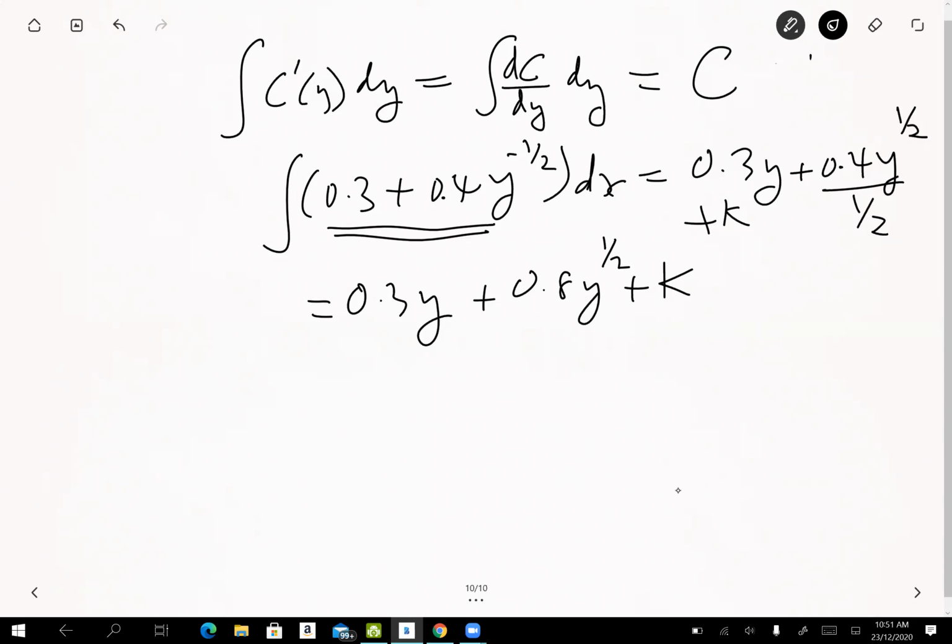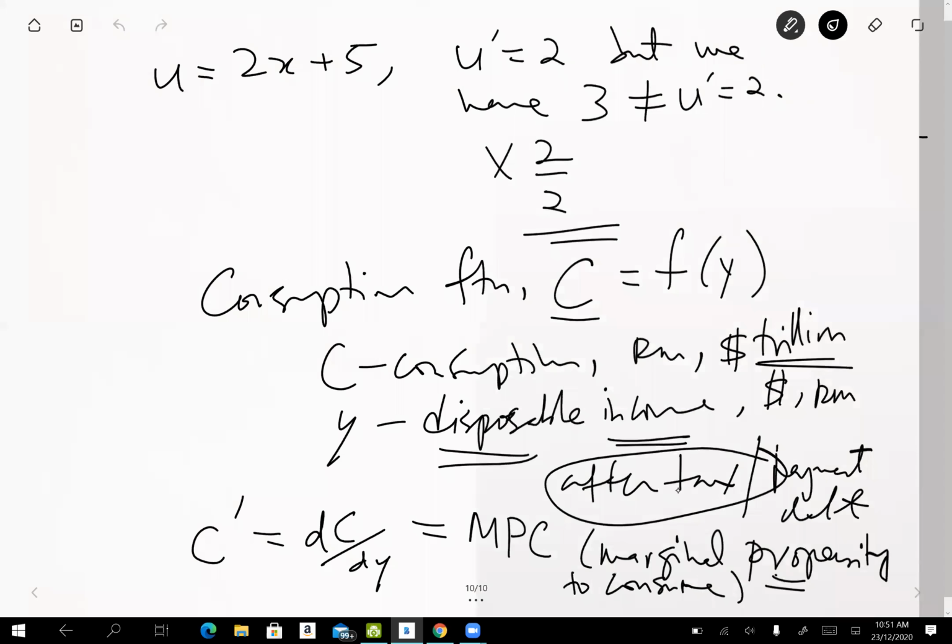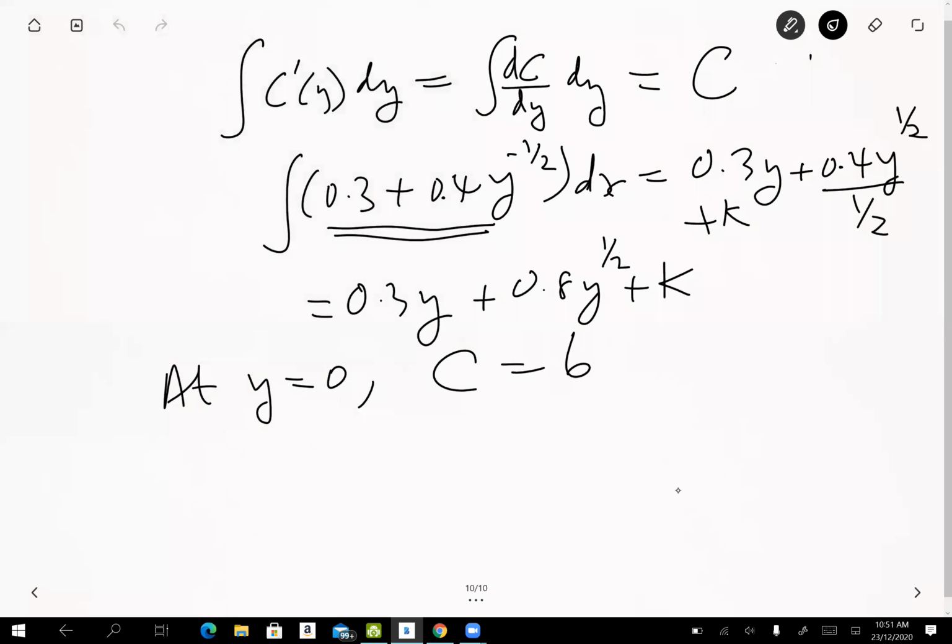So you are given here at y equal to 0, c is equal to 6 trillion. The consumption here is in trillions of dollars. So you put that into the function, then you get k. All right. So that is 12.4.